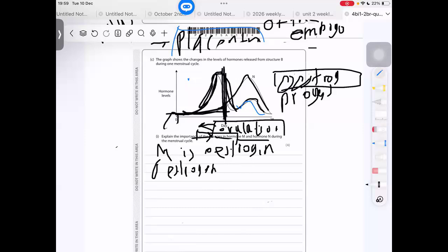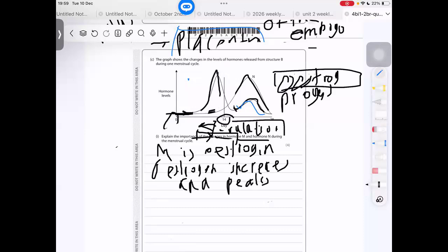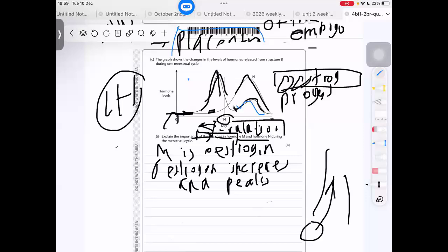You can say before the day of ovulation, before the 14th day, there is a very high peak, right? So estrogen increases and peaks before ovulation. Due to this increase, and another hormone called LH, the luteinizing hormone, ovulation takes place. The egg is released into the fallopian tube as a result of the LH surge and the estrogen surge.